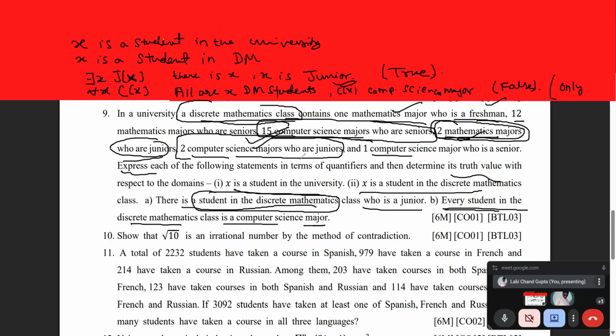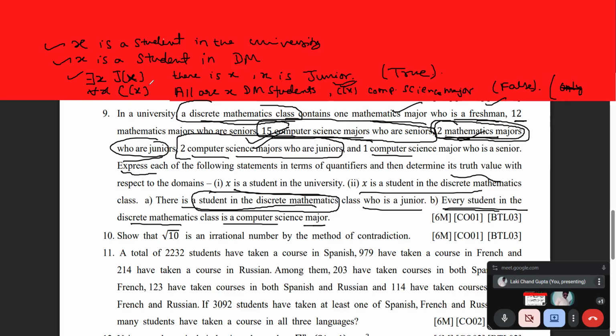Every student, junior or senior. Okay. Yes, you have to show only.